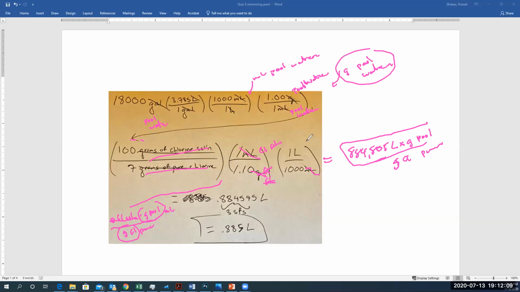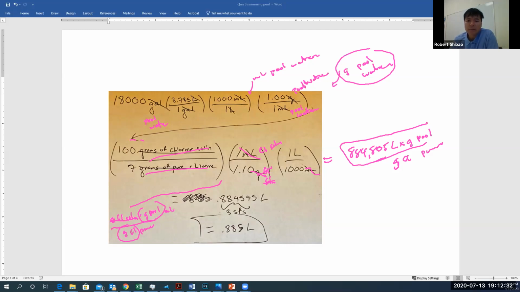Now, there is one other thing I want to say about this problem. We had to make an assumption for this. Let me talk about that now. There's something wrong with the math here.